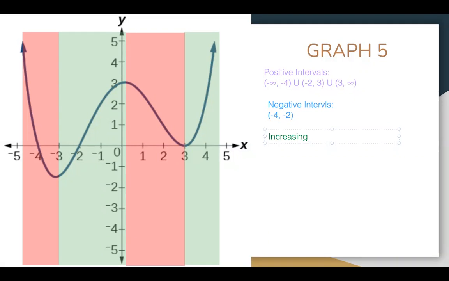That first piece goes from negative 3 and then a little bit past 0. So I'll say that's 0.2. And then the second piece starts at 3 and it ends with an arrow. So that's going to be infinity. Decreasing starts at an arrow. So that's negative infinity. Ends at negative 3 and then 0.2 to 3. There was no constant intervals in this graph.